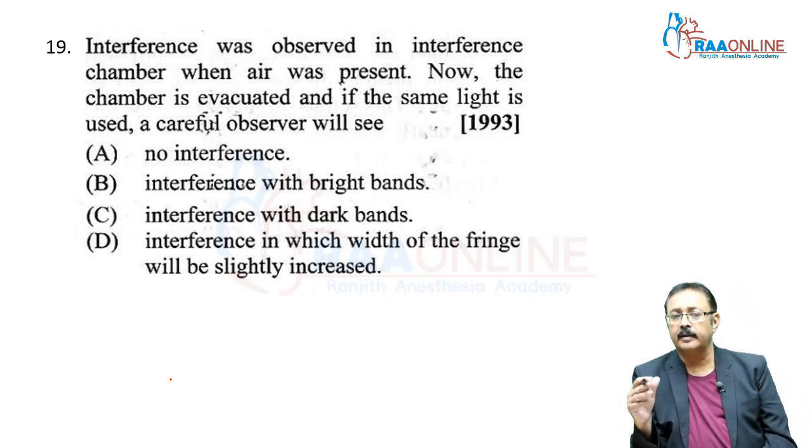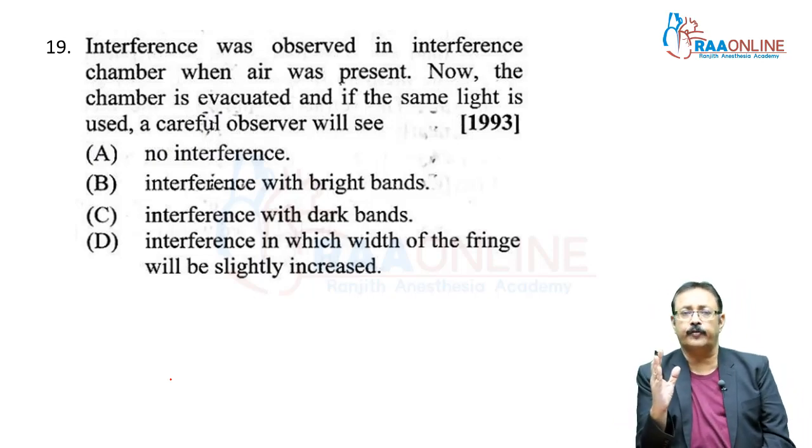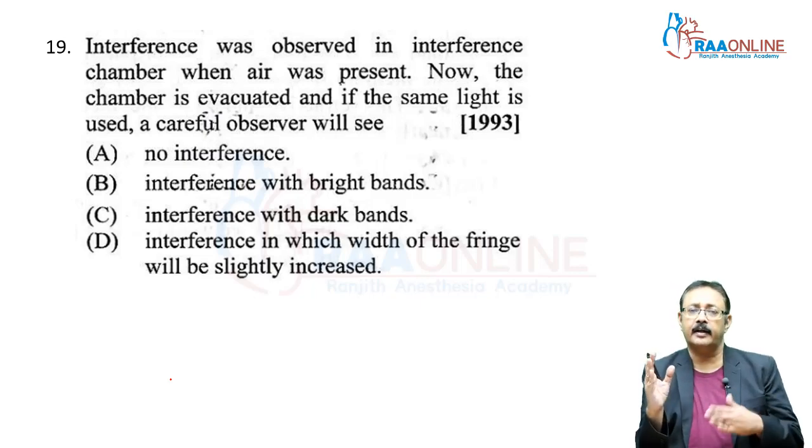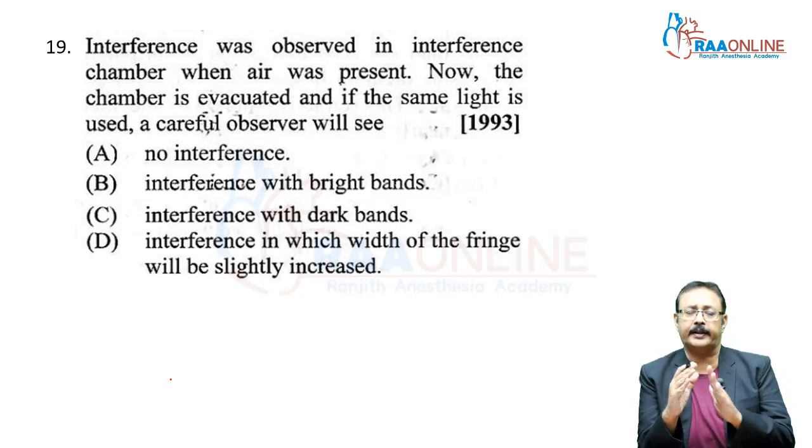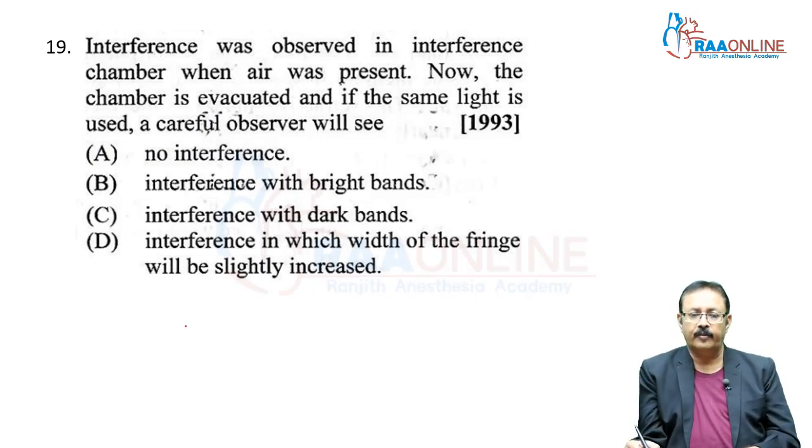You know that the refractive index of air is a little bit greater than vacuum. Vacuum, it is exactly 1. So it means we are decreasing the refractive index. And what is wavelength? Wavelength for vacuum.